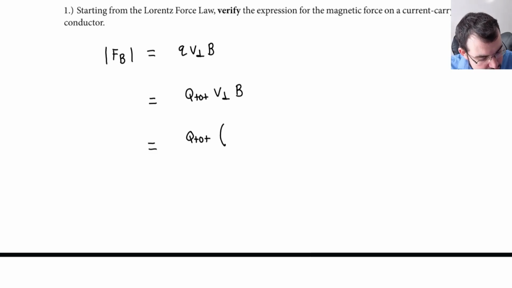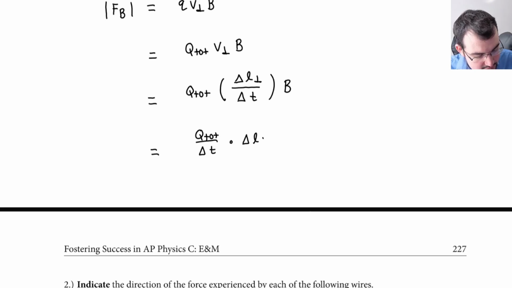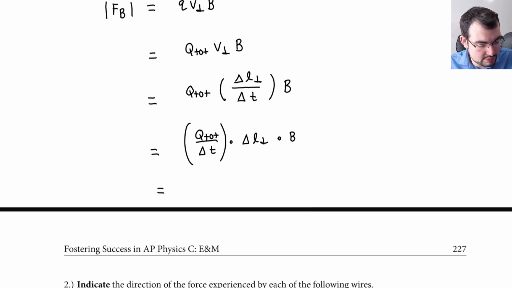So this would be the change in length they go perpendicular to the field divided by the time it takes, times B. Now we can see where it's going because we get charge divided by time times our perpendicular length times B. And of course, this is just Q over T, which is a current.